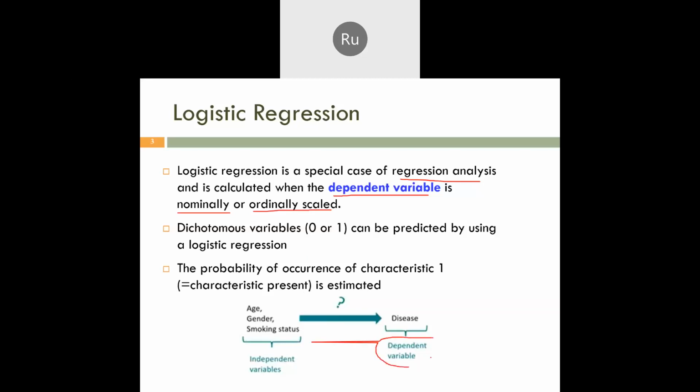This is your dependent variable. We use all of these independent variables to say what is the probability of having that disease. So we are looking at the probability of occurrence of characteristic 1, which is: do we have the disease or not? Yes or no?